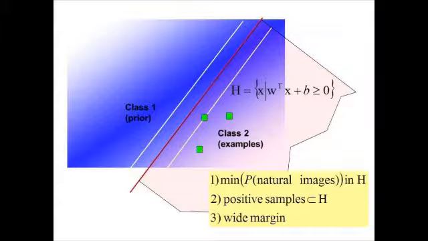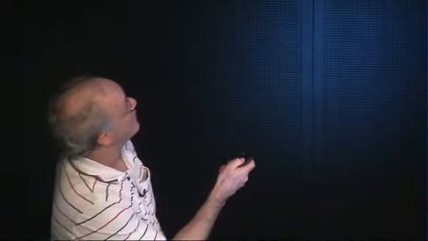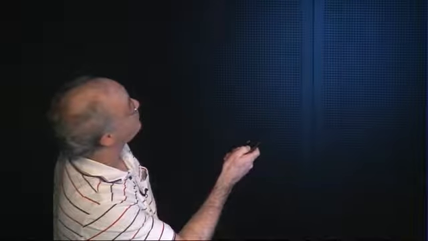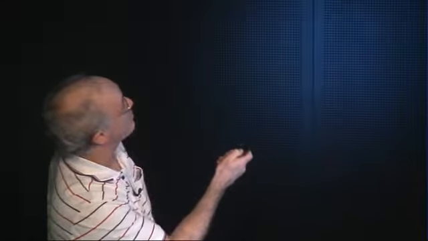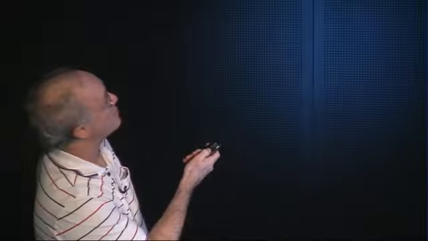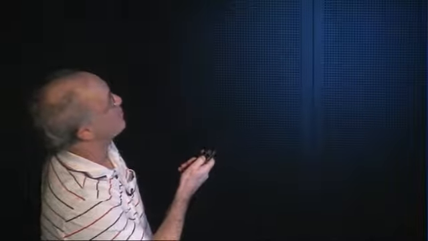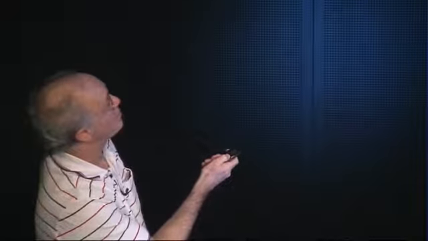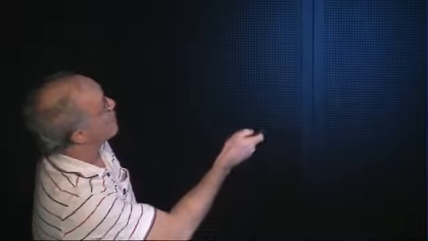Questions so far? Good. Okay, so how does it look? It looks very simple. This is a schematic drawing, which probably could have been better. Assume that this rectangle represents all natural images, and assume that the prior probability is higher where the color is darker. And assume that these are your positive samples. So you look for a hyperplane which does what?